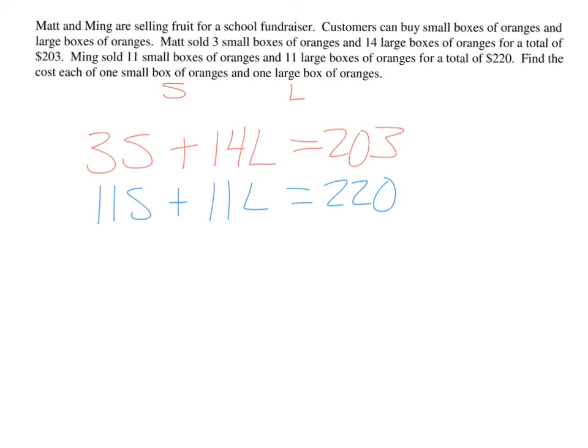So what's going to end up happening is I have to multiply both of my equations by some number. I'm going to eliminate the S's just because they're on the left side, and that's easier for me to visualize since I read from left to right. So I'm going to multiply the first equation by 11.